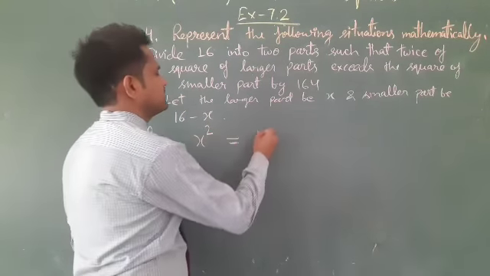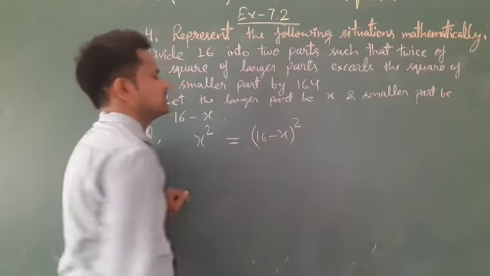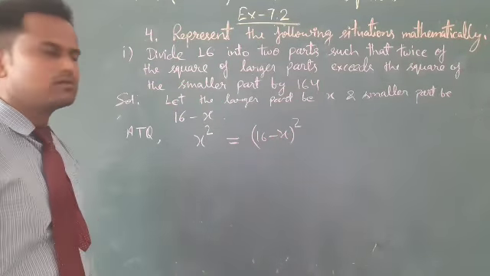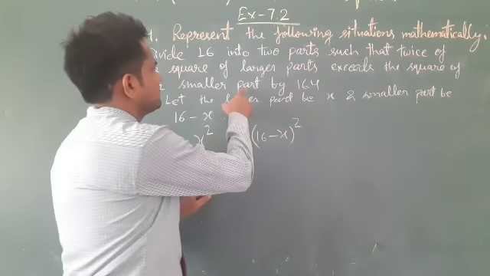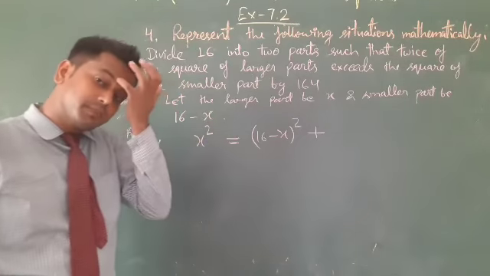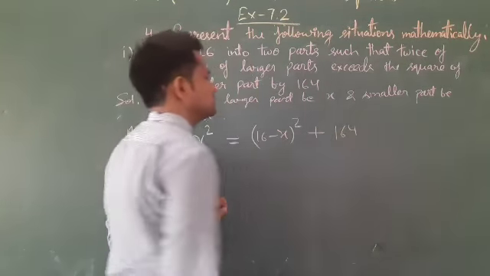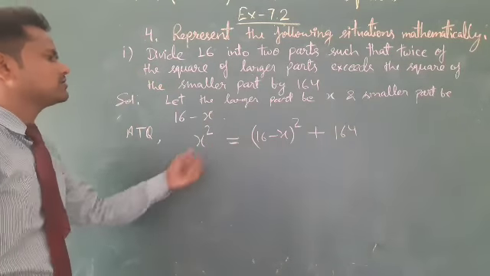The smaller part is 16 minus x, so the square of the smaller part is 16 minus x to the power 2, exceeds by 164. Exceeds means plus 164.